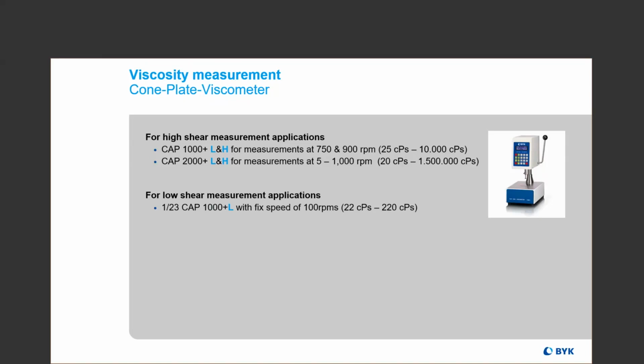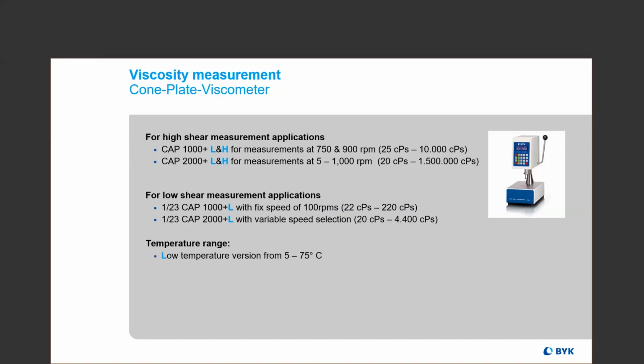And so the 1/23rd CAP 1000 has a fixed speed of 100 RPM and can measure anywhere from 22 to 220 centipoise. And then we have the CAP 2000 version with variable speed selection that is capable of measuring up to 4,400 centipoise. So remember, these are for relatively low shear applications.